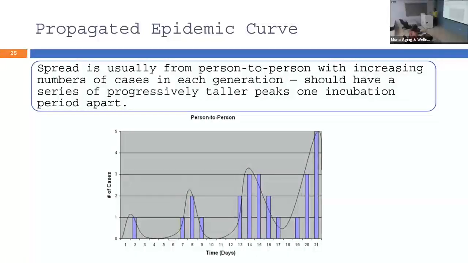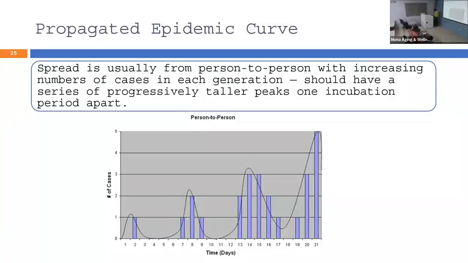Now, this nidus of infection now have the potential to spread because they work at different places or go to different schools. So you have one person going to school, another person going to work, and you have that spreading. So you have secondary cases at home, then you have tertiary cases, and then you have more and more persons getting infected with each generation.